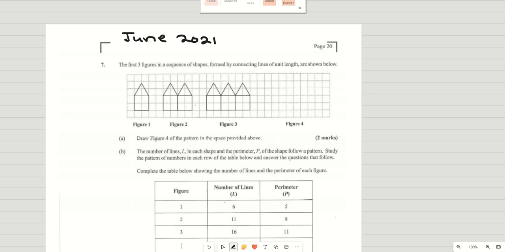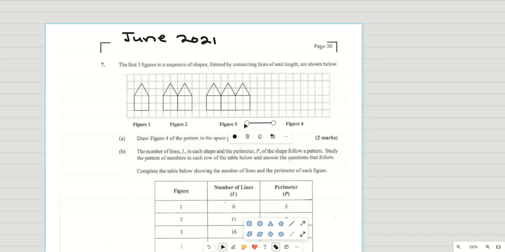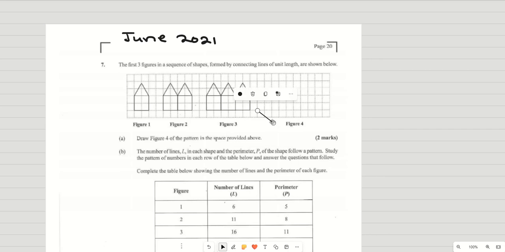That would be, let me see if I can just draw. 2, 4, 6, 8.